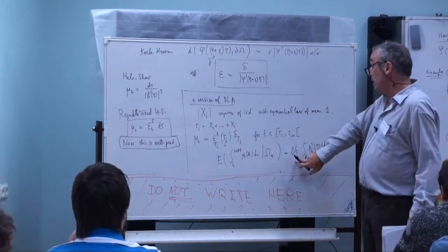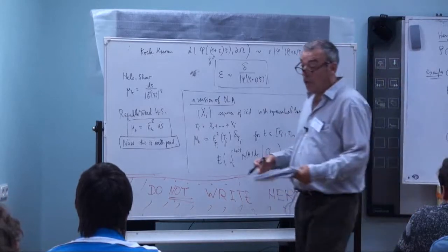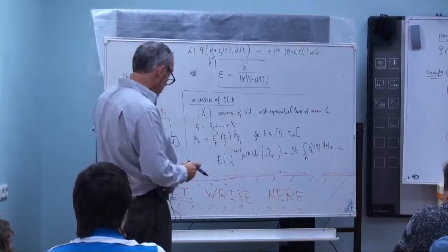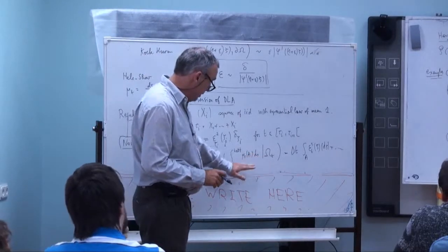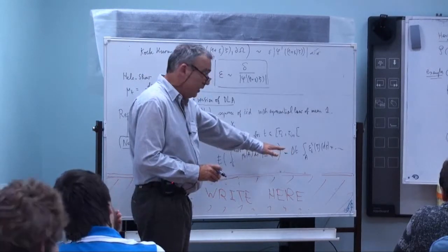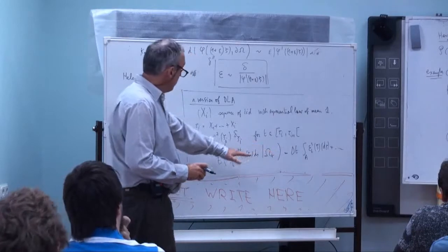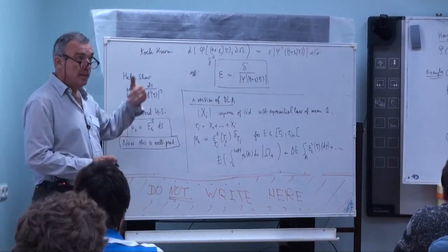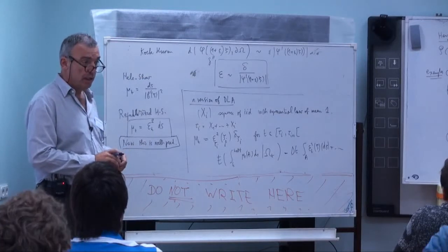So dividing by delta t, you see that in the mean, what you obtain is Hele-Shaw. So in some sense, Hele-Shaw appears as a deterministic version of DLA.